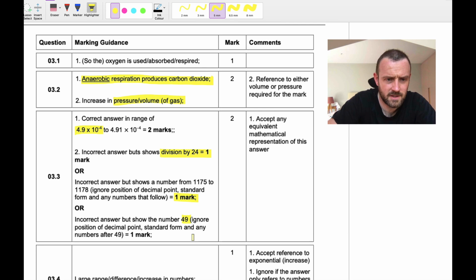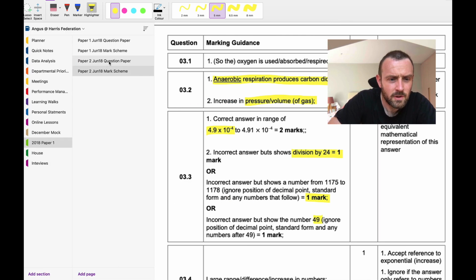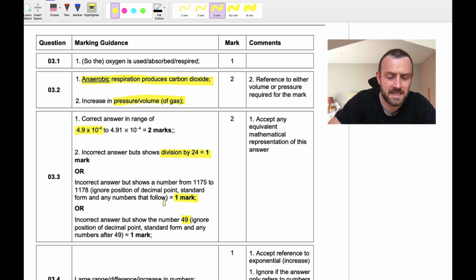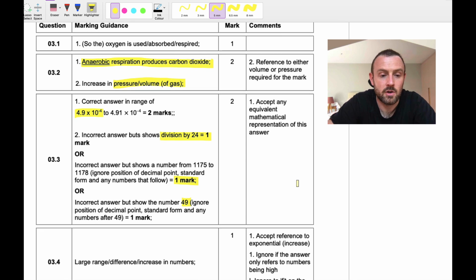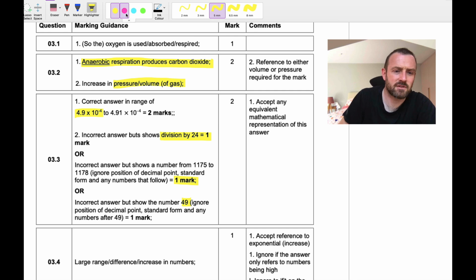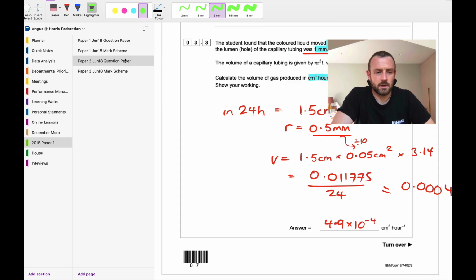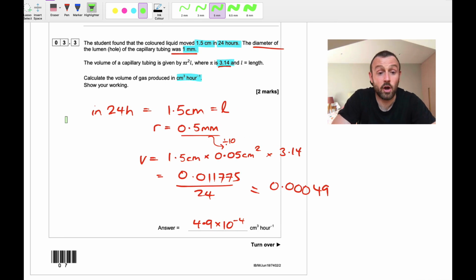I'm not quite sure why that is, but you might have got a mark for showing some intermediate steps of working, but not getting to the ultimate answer. It does say up here, it doesn't have to be in standard form. It says accept any equivalent mathematical representation of this answer. So you don't have to write it in standard form because it doesn't explicitly say. It could do, though. In a different question, it might say write in standard form. Okay, let's move on.